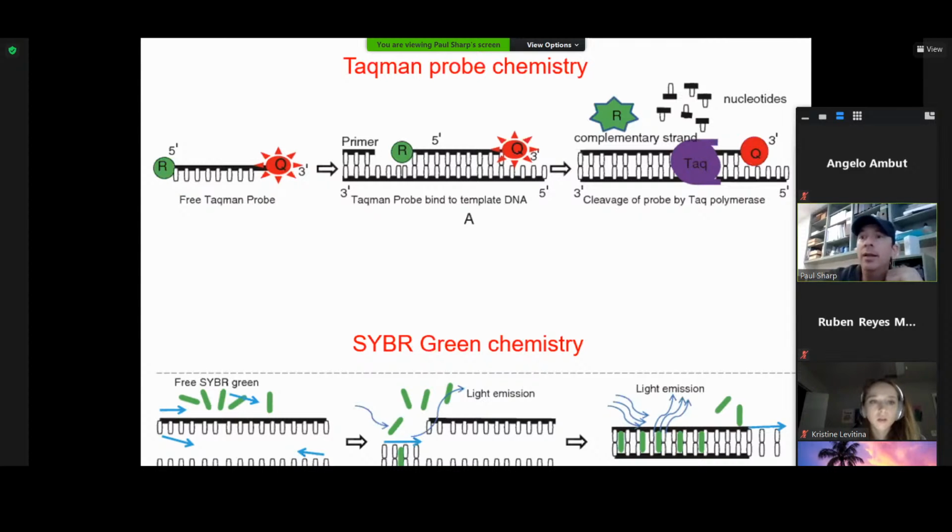And that is what makes TaqMan probes the gold standard for qPCR. But if you are totally sure that the amplification you're getting is strictly your gene of interest and you're not amplifying anything else inadvertently, then SYBR Green can work.